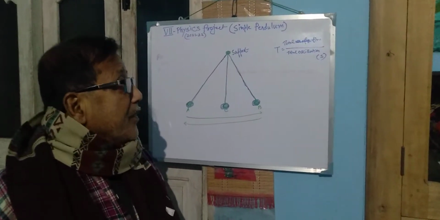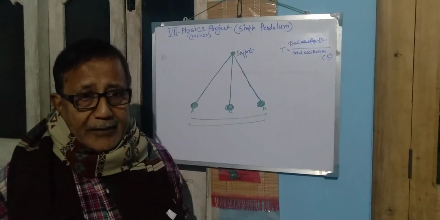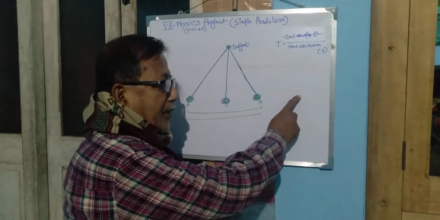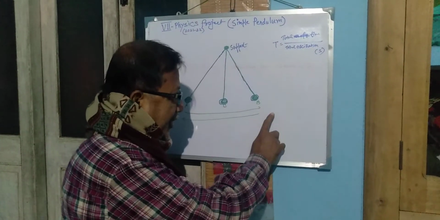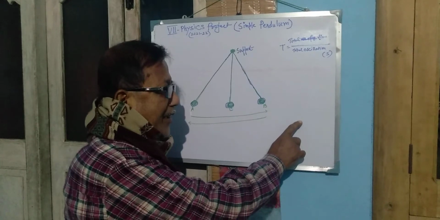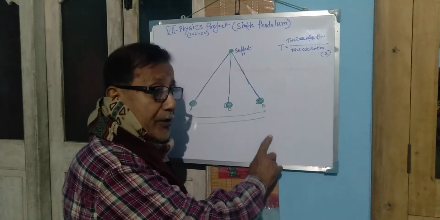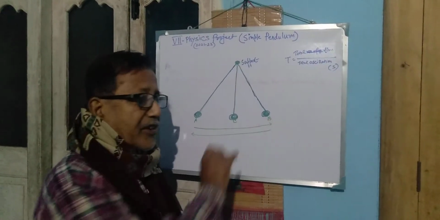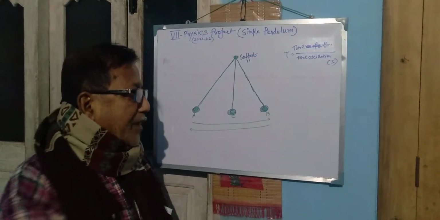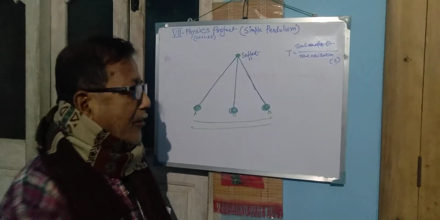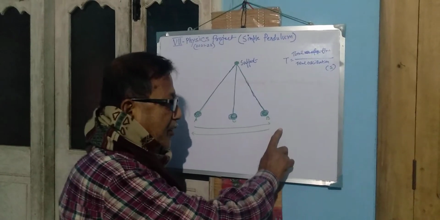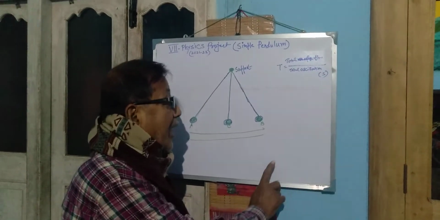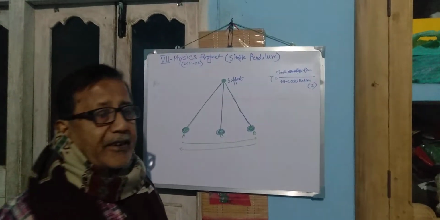In this case, this should be done 3 times. That means 10 oscillations and total time; then a second time 10 oscillations and total time taken; then a third time also 10 oscillations and time taken. So you will have to make 3 observations, so that you will get 3 time periods: for the first observation the first time period, for the second observation the second time period, and for the third the third time period.